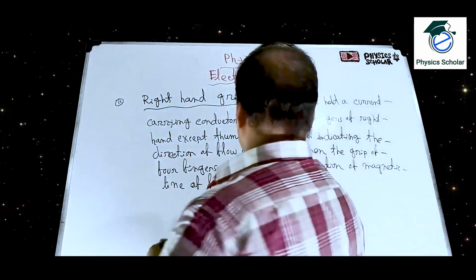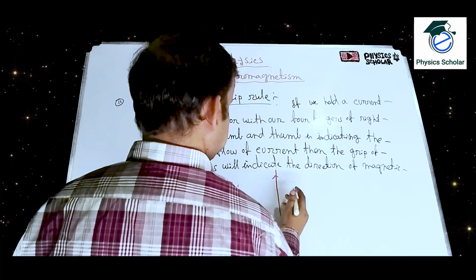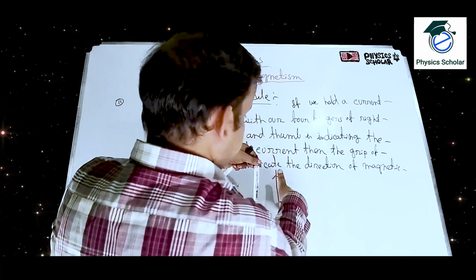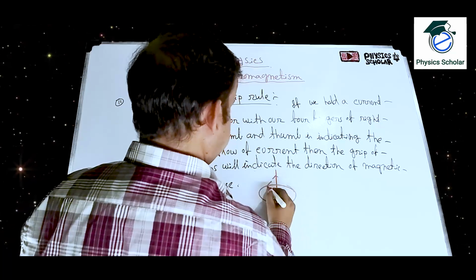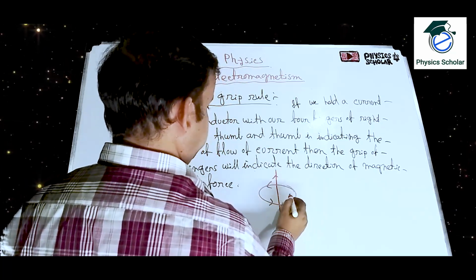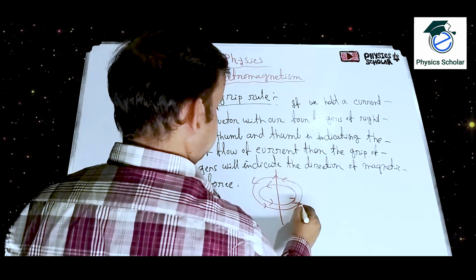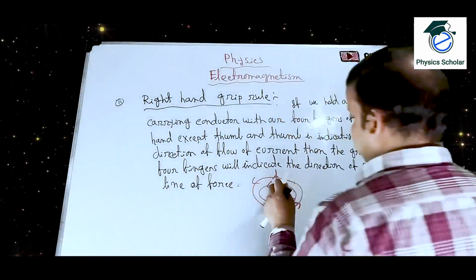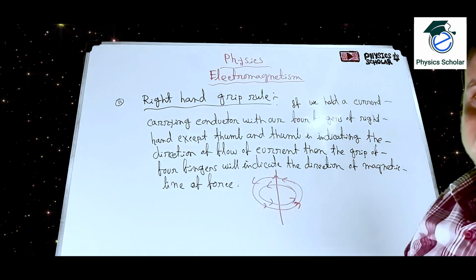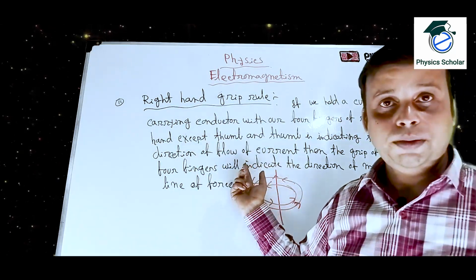So if we draw, the thumb is indicating the current, and the direction of the grip will be like this. This will be the magnetic line of force. Clear to all of you? Students, hope you have understood this.